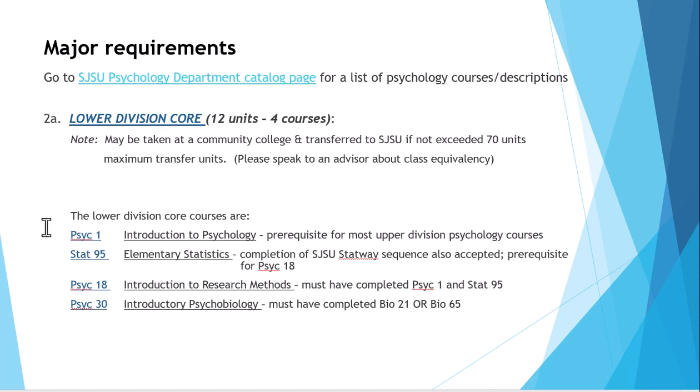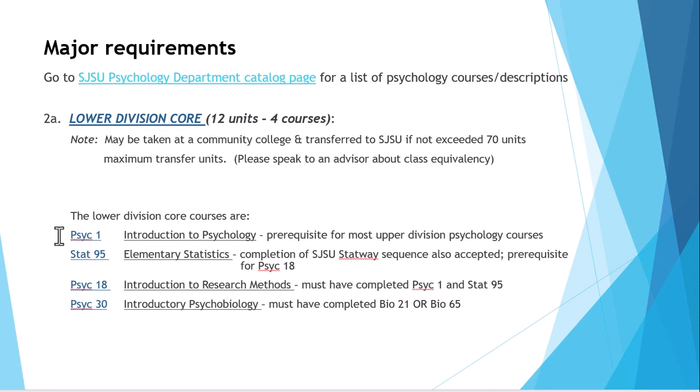So in planning your course schedules, these lower division core courses as well as the biology course are high priorities. You want to try to finish these as soon as you can, because again, they are prerequisites for other courses that you're required to take.